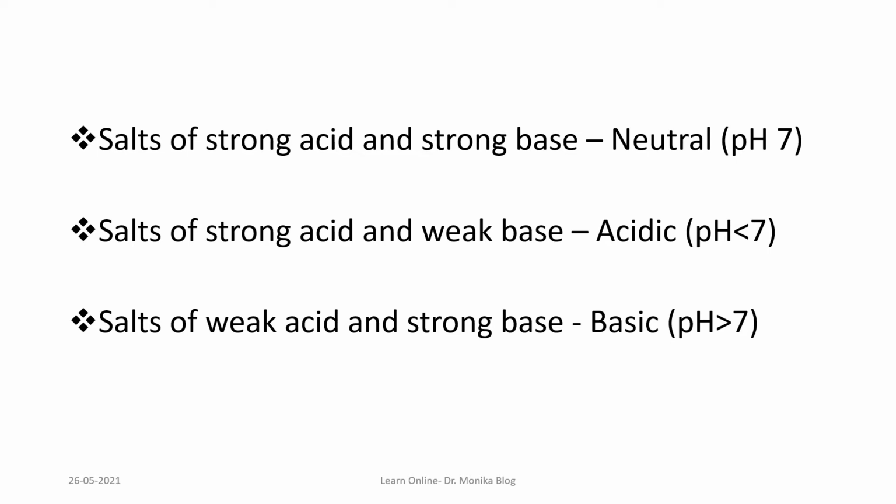Salts of strong acid and weak base are said to be acidic, as they have pH less than 7. And the salts of a weak acid and strong base are basic because they have pH greater than 7.